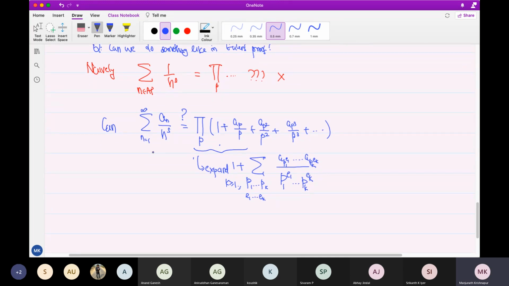But on this side, we have a_n by n to the s, so every n occurs exactly once. So this works if a_n is a_{p1^e1} dot dot dot a_{pk^ek}, where this is the prime factorization of n.